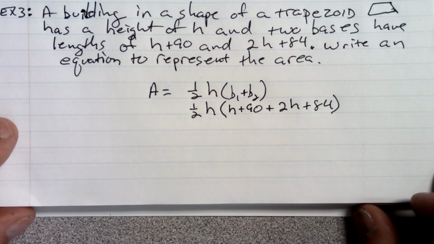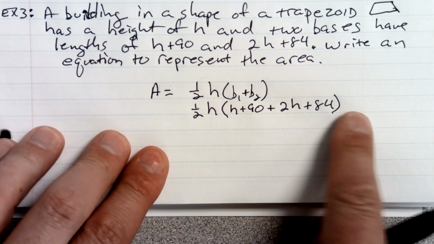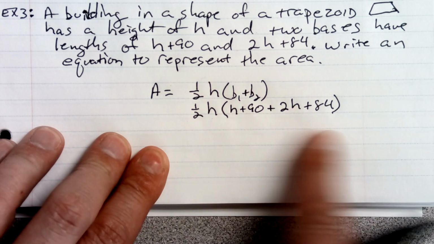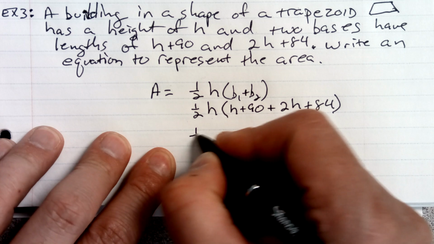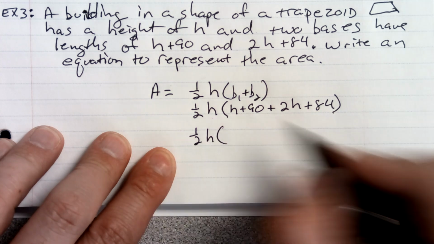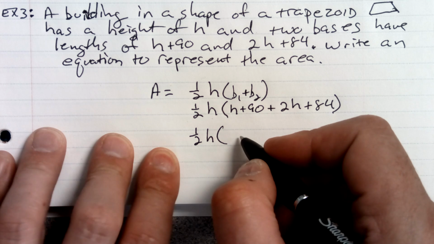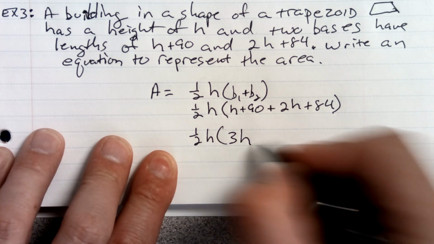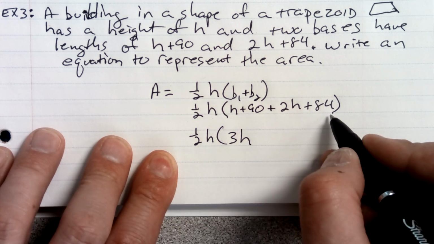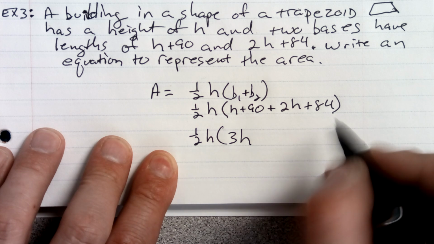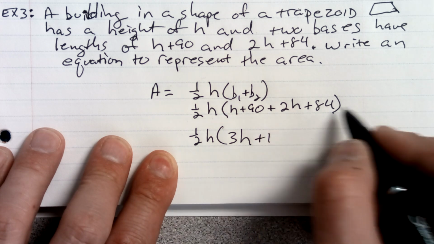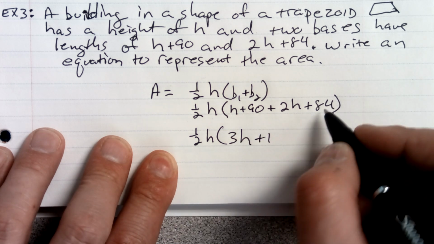So now, before we do anything else, can I combine like terms over here? Yes. H and 2H? 1h plus 2h is 3h. 90 plus 84? 174.